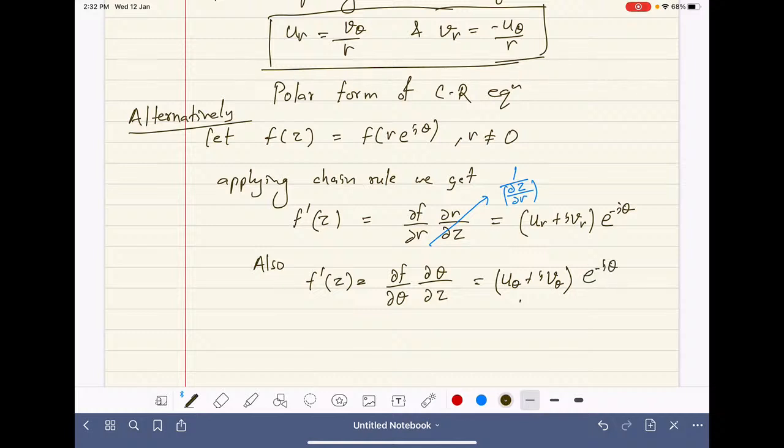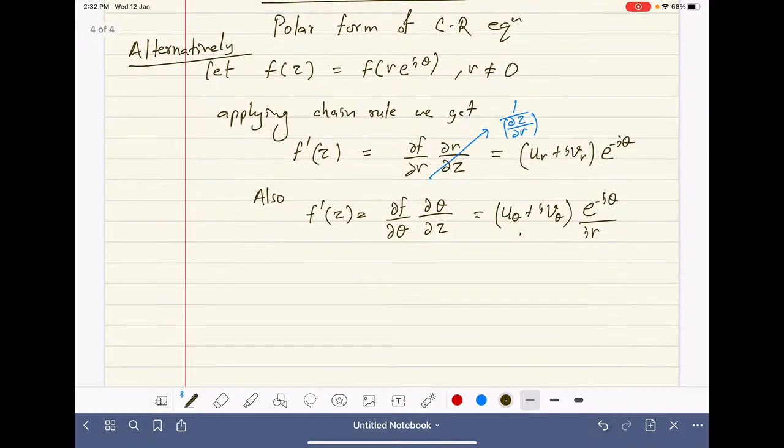We could calculate dou z by dou theta, it is i r e power i theta. So dou theta by dou z equal to e power minus i theta by i r.